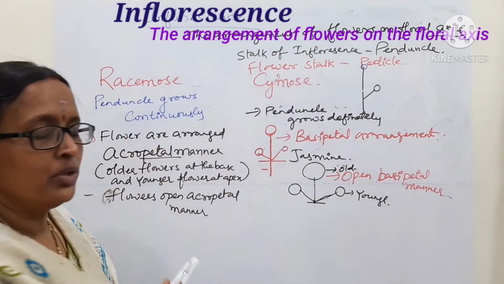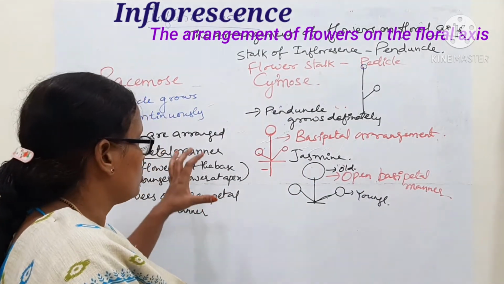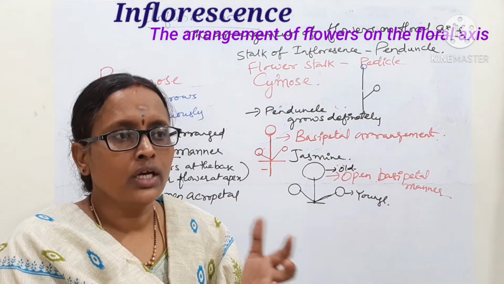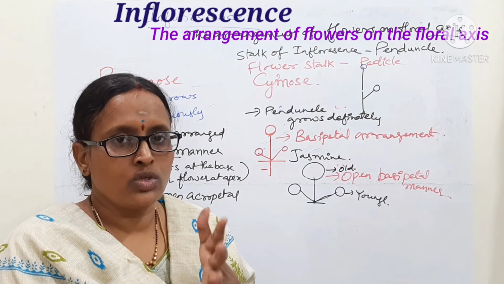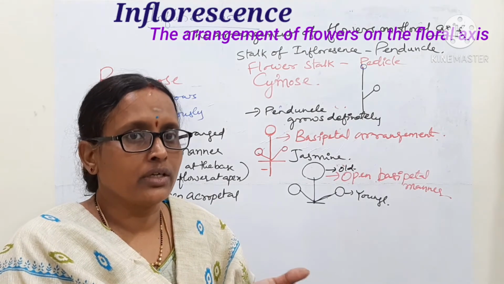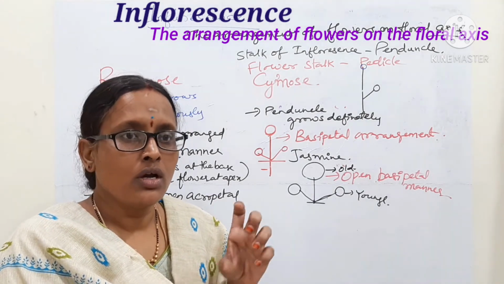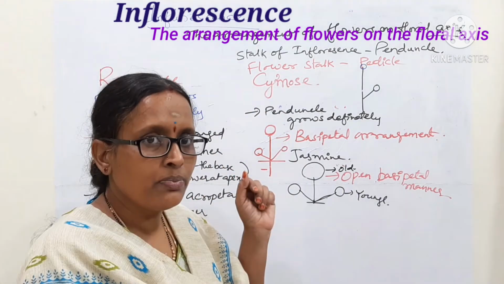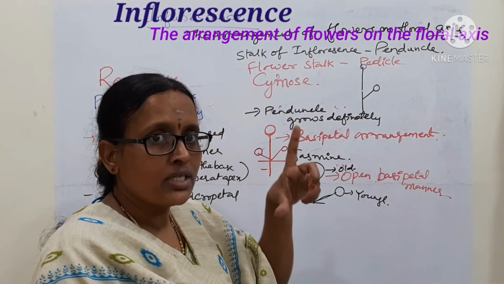So what I am trying to tell you is, if you observe any inflorescence outside, it may be racemose or cymose. How can we know which? By observing the peduncle, the axis where the flowers are arranged.